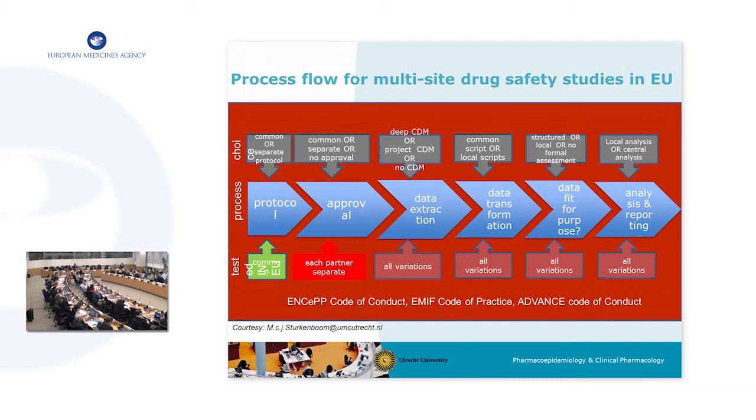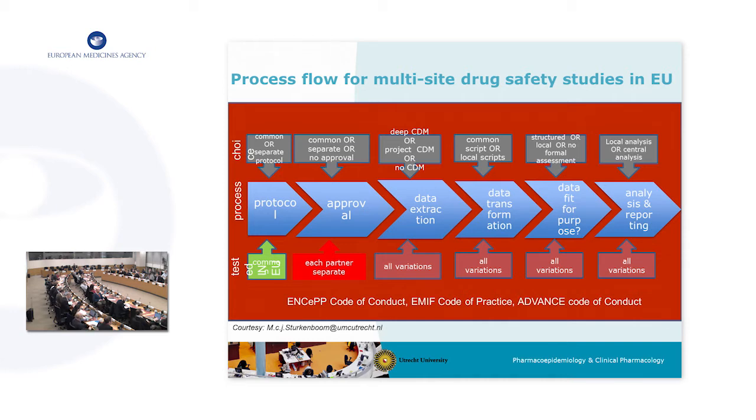So we can do the data extraction locally, but it can also be transformed to a common data model using common scripts, central scripts, or this can also be done locally. So basically all the different models are available in the EU and being applied.